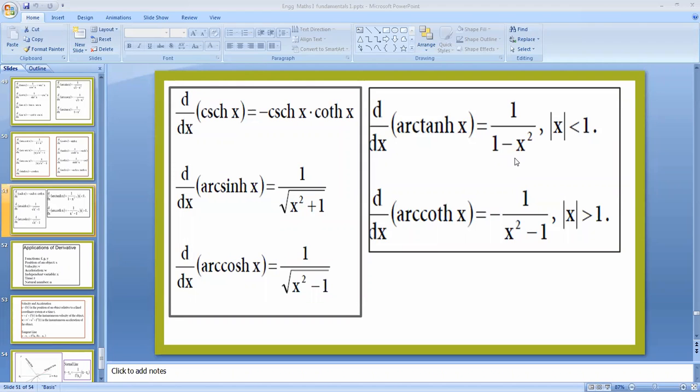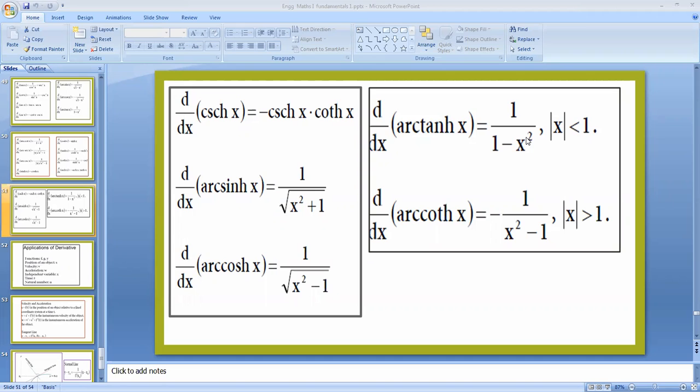So tan hyperbolic inverse of x we can say is theta, so x is tan hyperbolic of theta, which you have to express in exponentials: e raised to theta minus e raised to minus theta upon e raised to theta plus e raised to minus theta. Suppose you substitute e raised to theta as t, it becomes a quadratic in t.